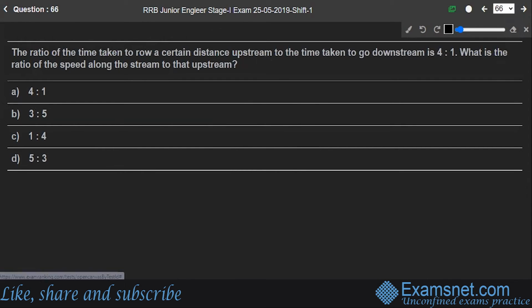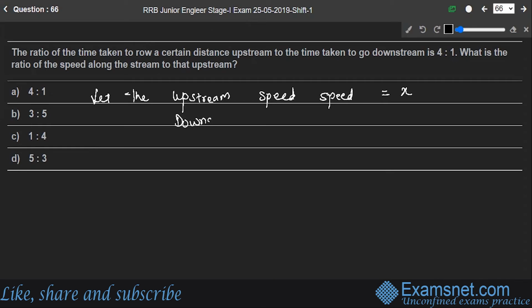Okay, so let the upstream speed be x, right? And downstream, the speed I've written as y.